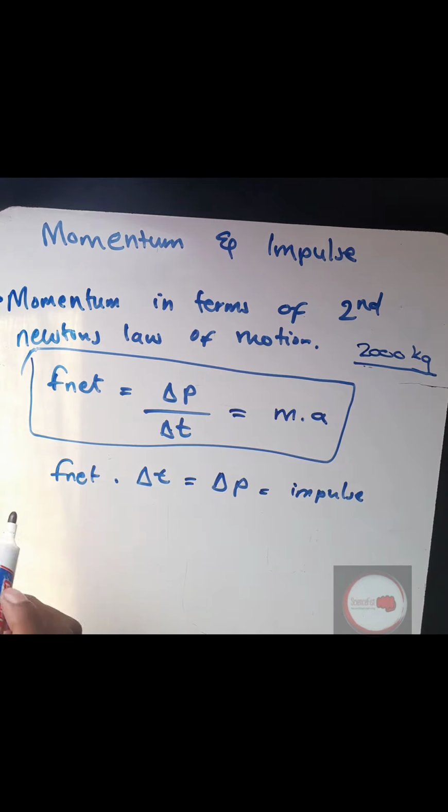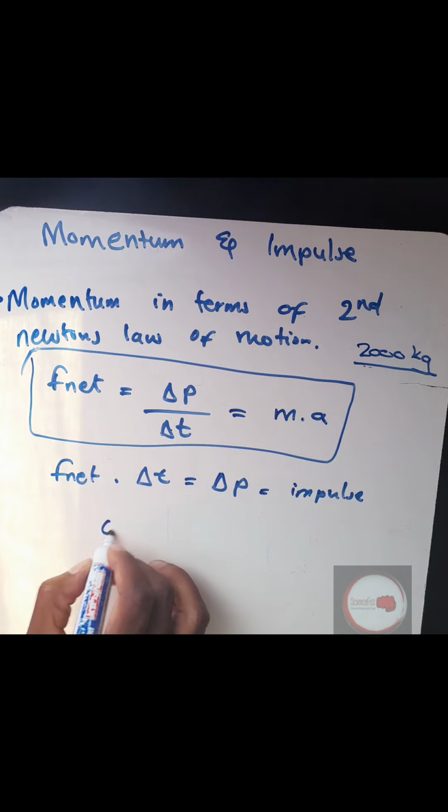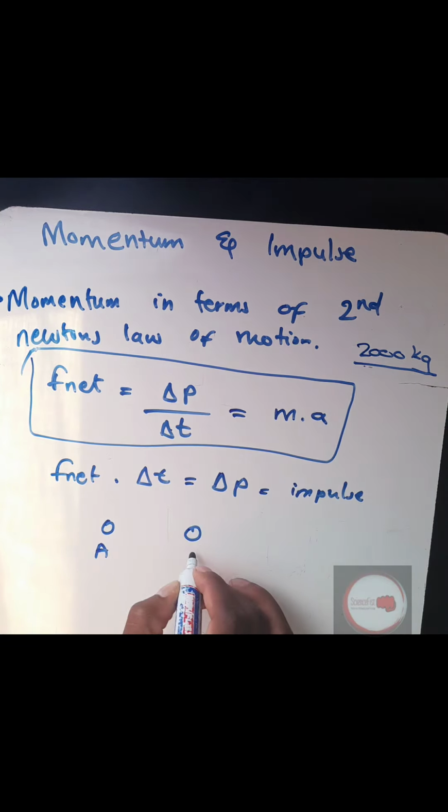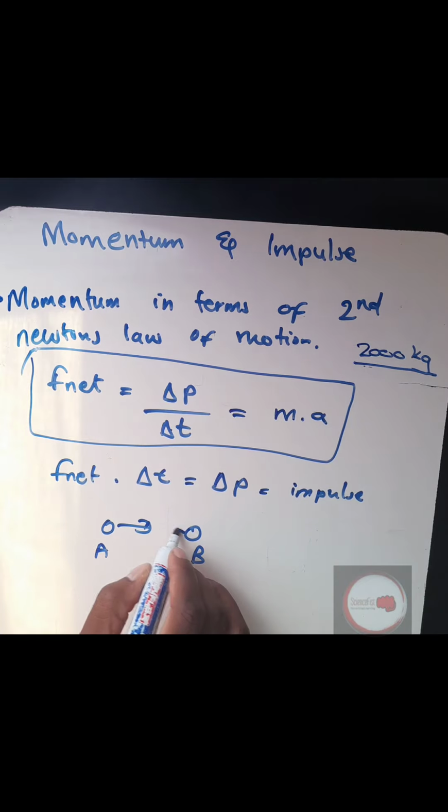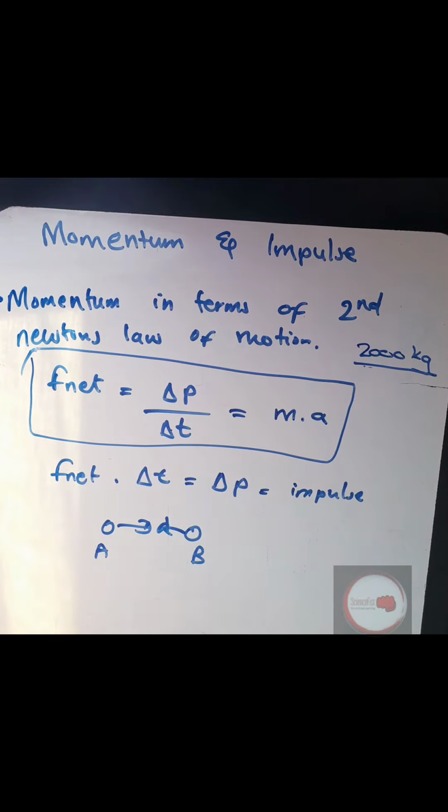Well, when you collide with something, you're going to experience a force. So if I take an object A and an object B here, when these two collide, they're going to exert a force on each other, and that force will be experienced the same. So that force is actually F net, the force experienced by these two objects at the exact moment when they collide.